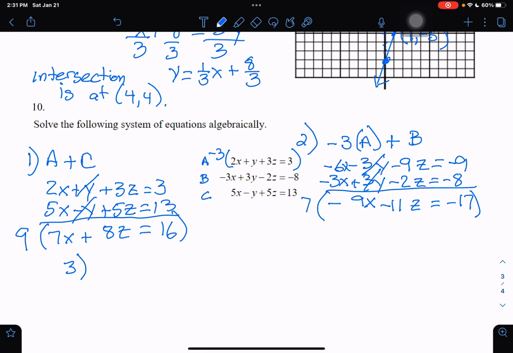So I would have 63x plus 72z is equal to 144.